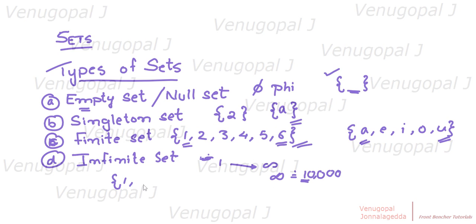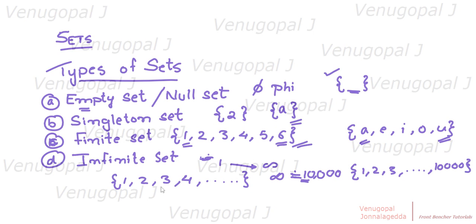So it is quite difficult to represent this entire thing till 100. So we place those numbers in dot dot dot. If the infinity is properly defined, then we can put it as 1, 2, 3, dot dot dot, and say it ends at 10,000.